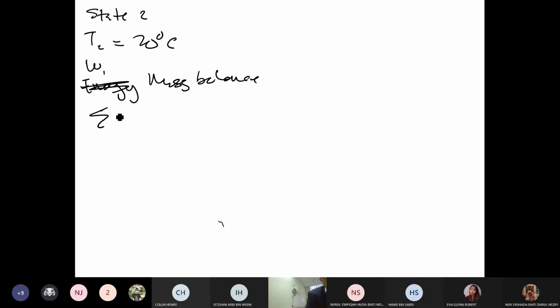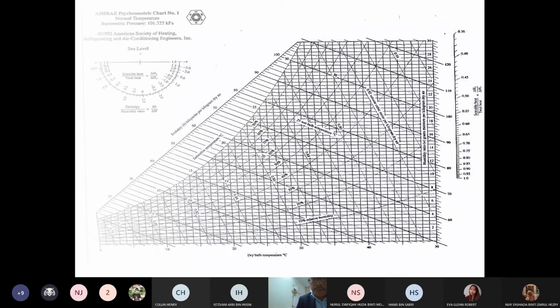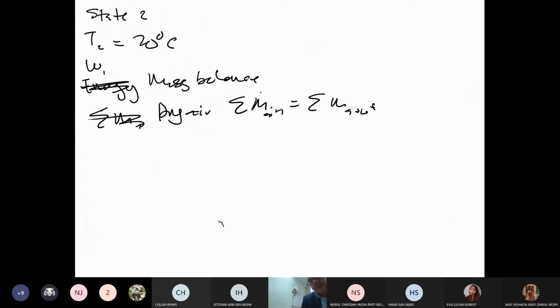So mass balance, summation of mass for the dry air, summation of mass inlet equal to summation of mass outlet. Okay, so mass yang masuk untuk inlet, which is m dot A1.